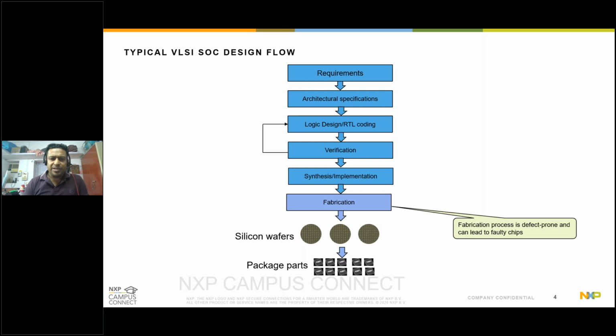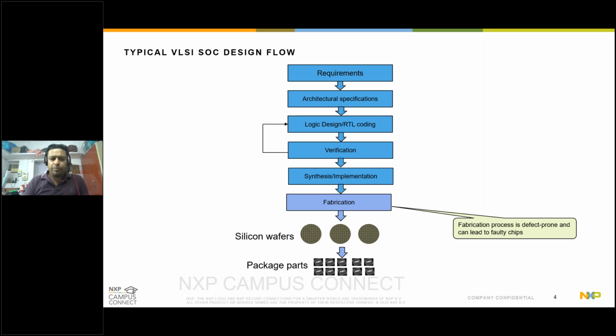So you synthesize and implement your design, mapping it from RTL code to the gates of that specific library. Once your implementation is complete, you have laid out your design and completed the static timing analysis, you give your design to a fabrication or manufacturing unit for manufacturing.